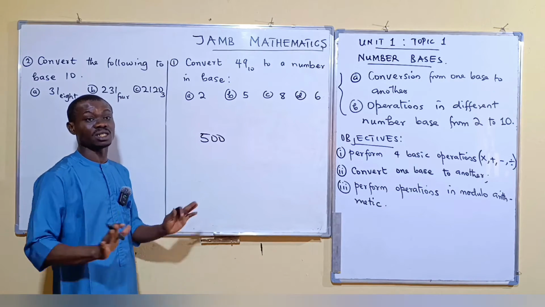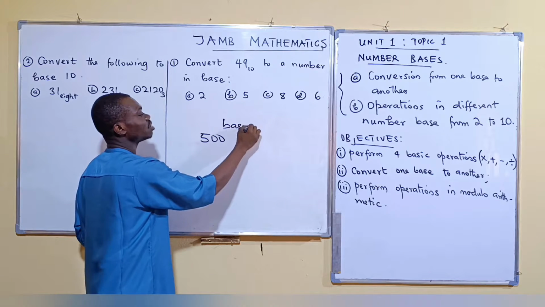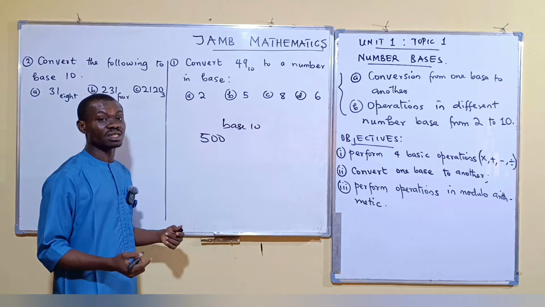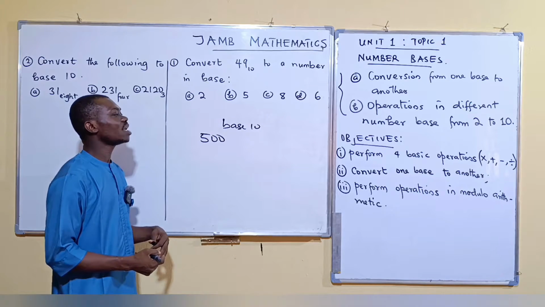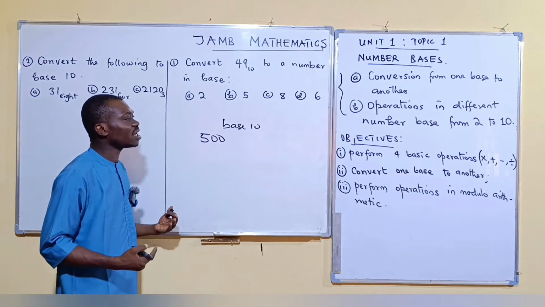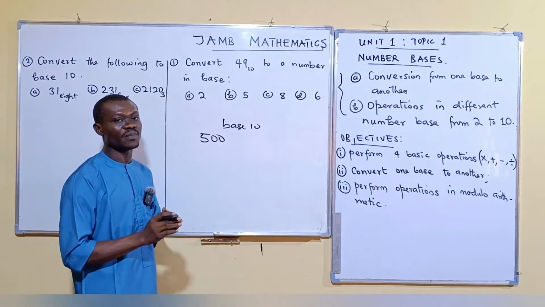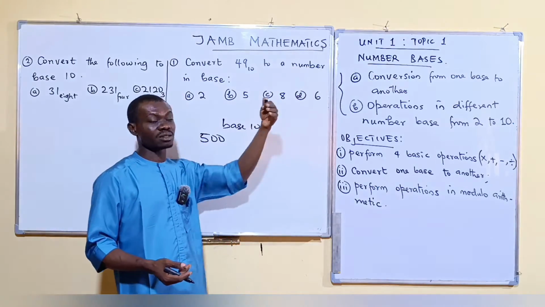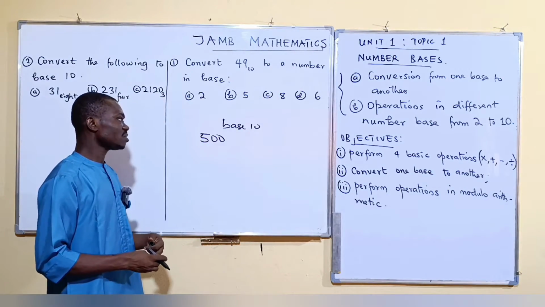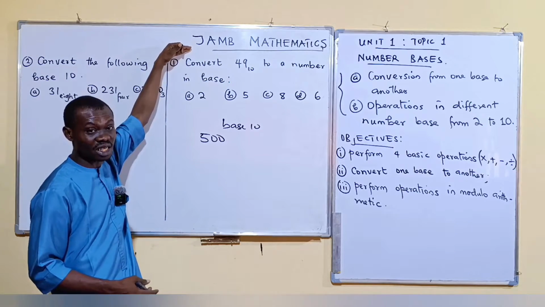The normal counting system is in base 10, and whenever a number is written without a base, it means it is in base 10. So we can decide to convert from base 10 to any other base. It could be to base 2, 3, 4, 5, 8, 9, and so on. That's the first part of conversion, and that's what this example will take care of.